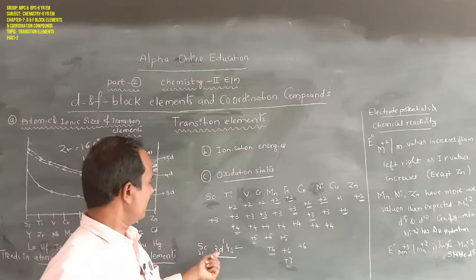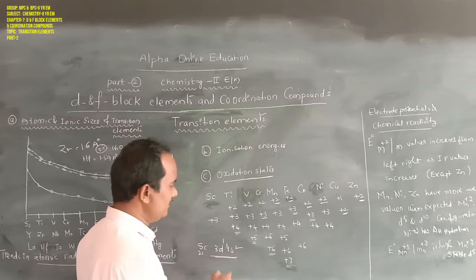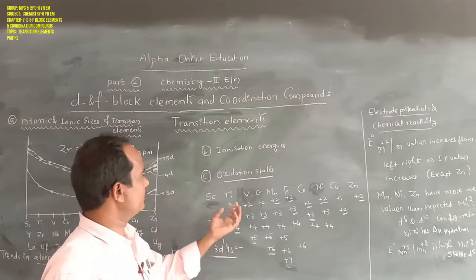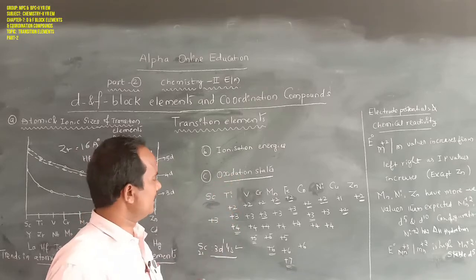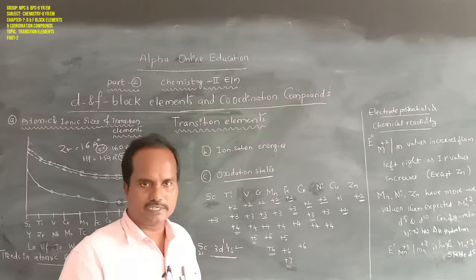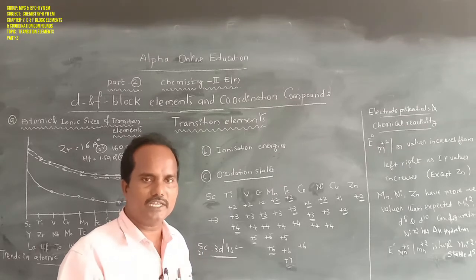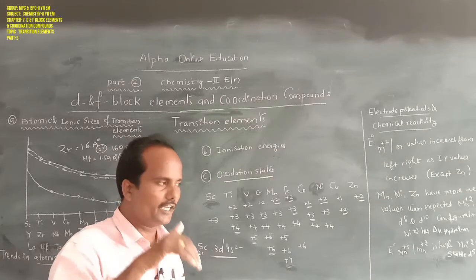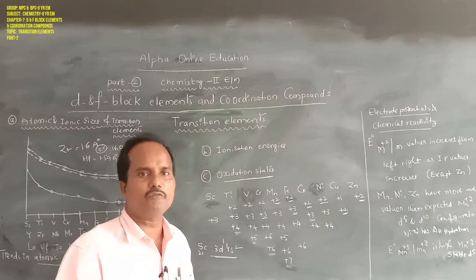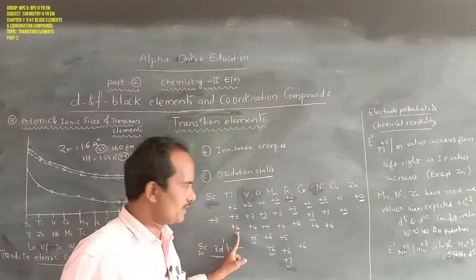That is when s electrons and d electrons are involved in chemical reactions. The specific property of transition elements is that the outer orbit ns electrons and the penultimate shell (n-1)d electrons are both involved in chemical reactions and bond formation. That's why they exhibit variable oxidation states.